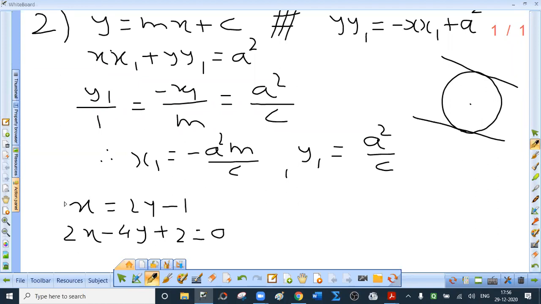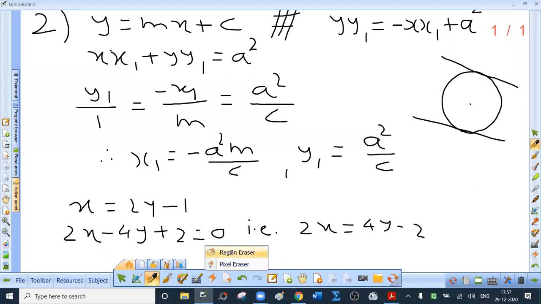No, they are comparable. For that, I will write the second equation also as 2x equal to what? 4y minus 2. See, what is the coefficient of x? 1. 1 upon 2 equal to 2 upon 4 equal to minus 1 upon minus 2.